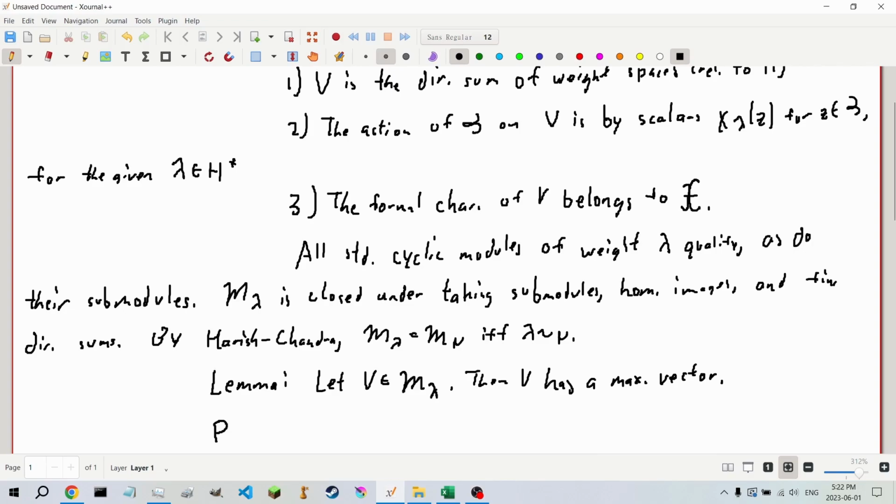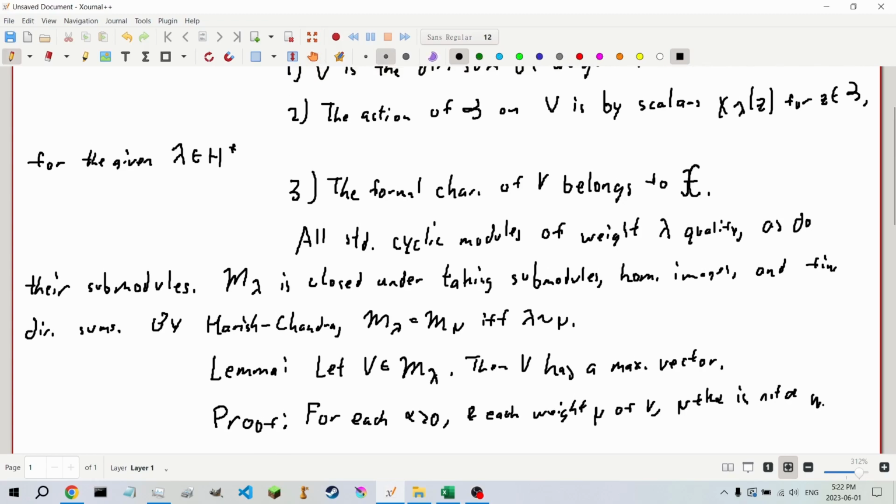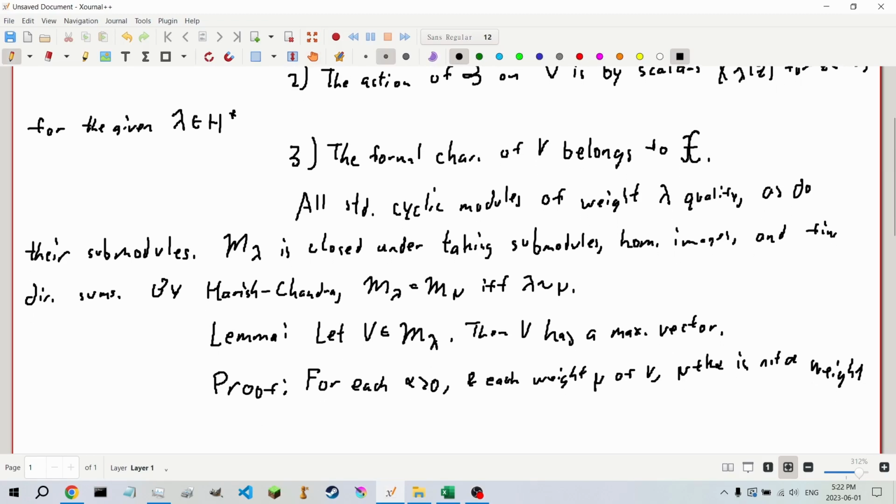And the proof, for our third condition there: for each positive root alpha and each weight mu of V, mu plus k alpha is not a weight of V for some large enough k, being an integer, of course.